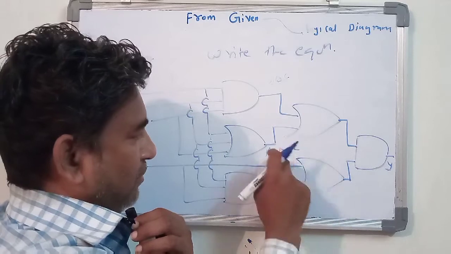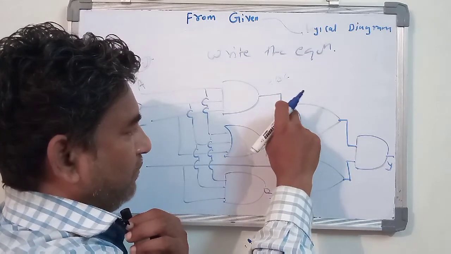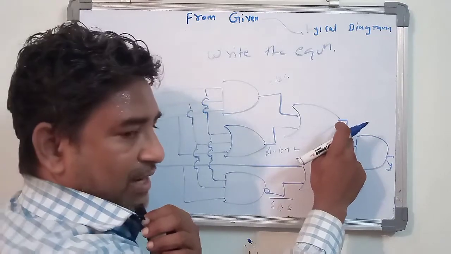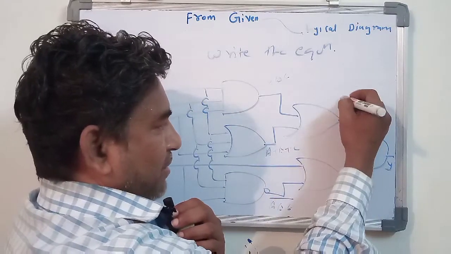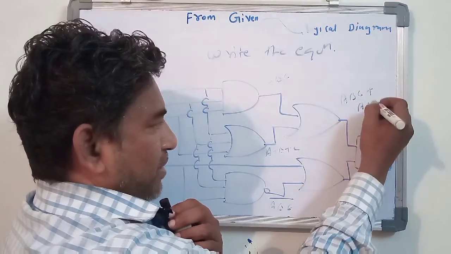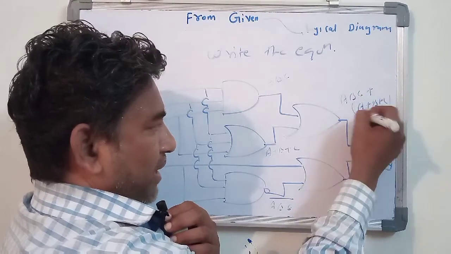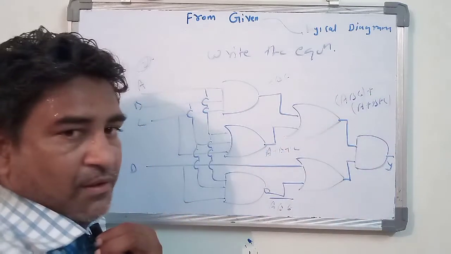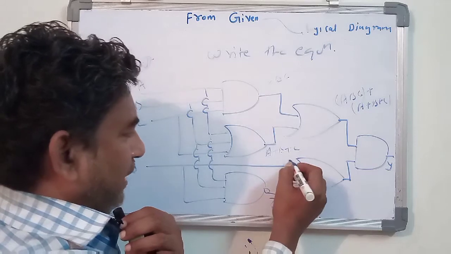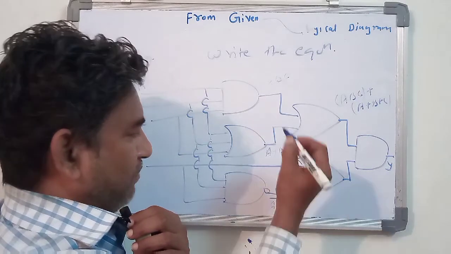Now these two inputs, number 1 and number 2, at the output of this OR gate, will get added, and that's why you may write ABC plus (A plus B plus C) in brackets like this. Here this input is connected to the D input separately.